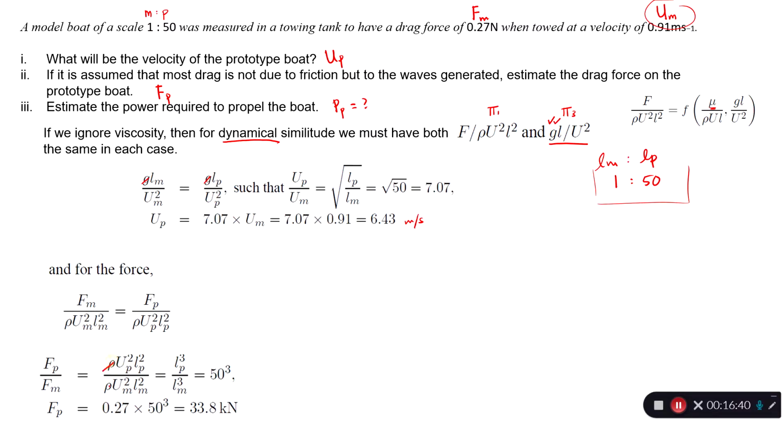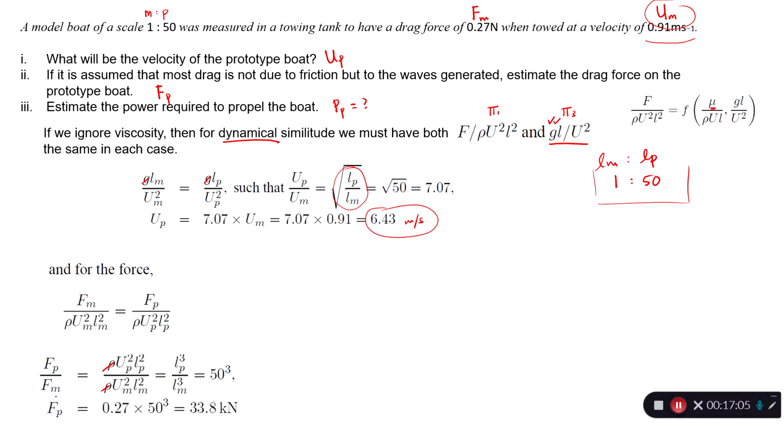Here you can cancel, and UP over UM we already have, and you find that it is related to the length ratio. This is just simplifying that. If you want to put in the U values, this is UP and this is UM, you can. You will get the same answer.